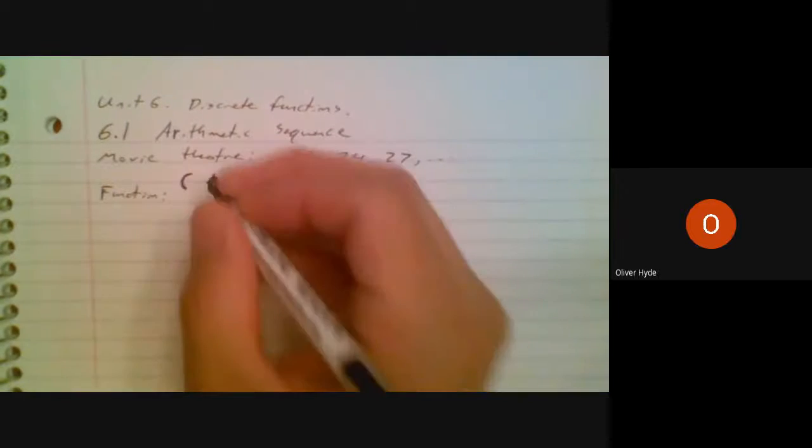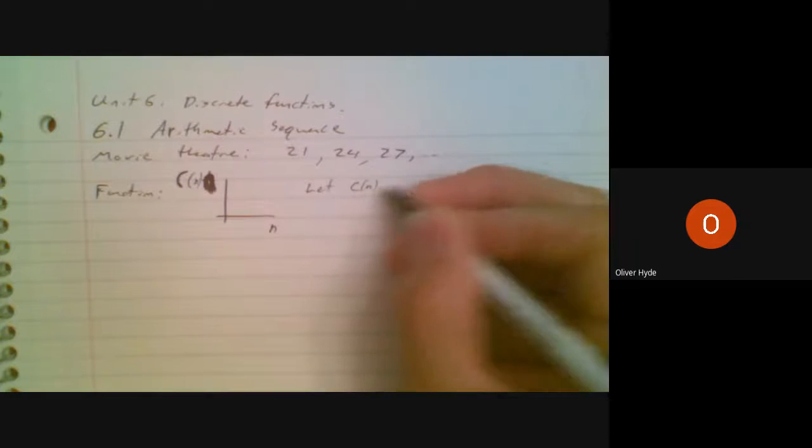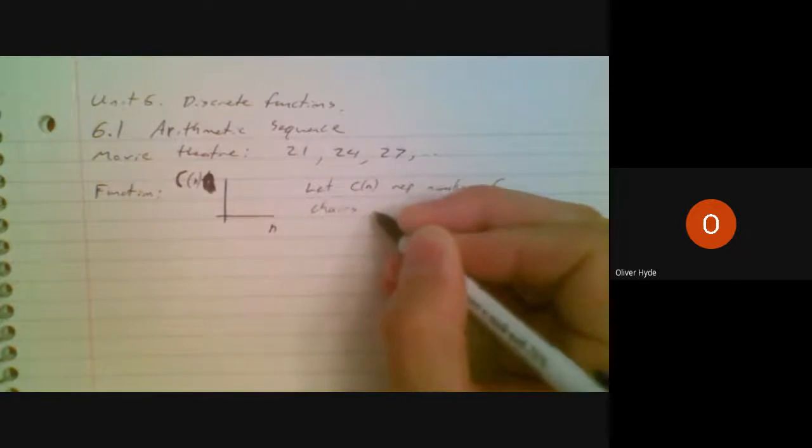So call this the row number right there. And you can have C of n represent the number of chairs in row n.